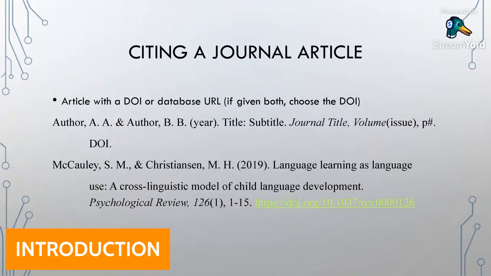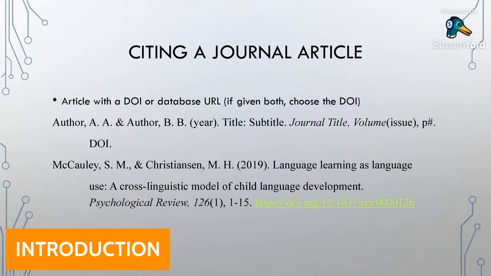For example, here is author A, author B, year, and title. Sorry, the title of the research work and the subtitle of the research work, then the journal title, the name of the journal, and the volume it was taken from.